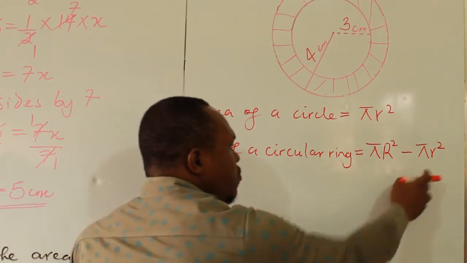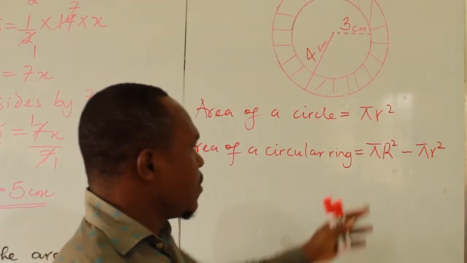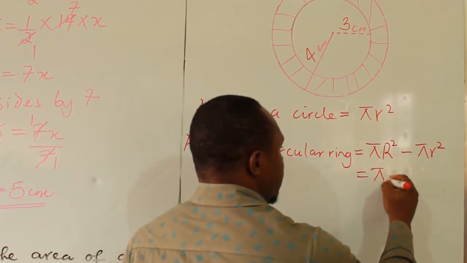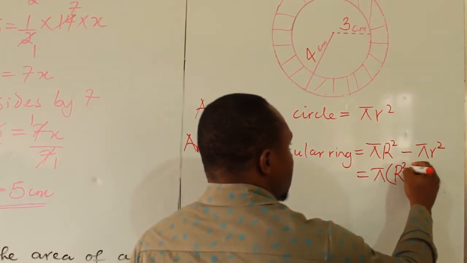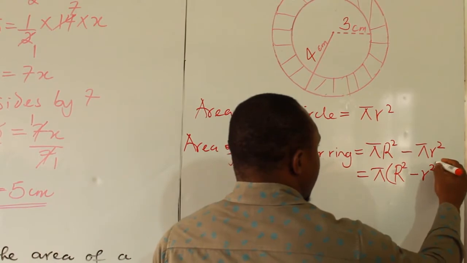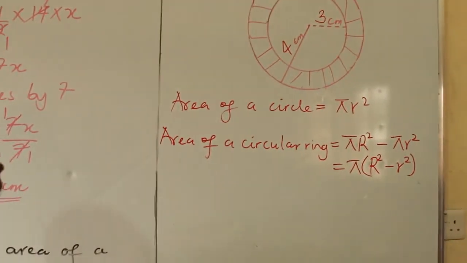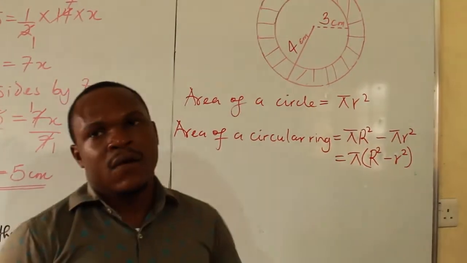So if you look at these two, you find out that something is common. Pi is common. So if we factorize here, we get pi into big R squared minus small r squared. This formula is the formula we use in finding the area of a circular ring.